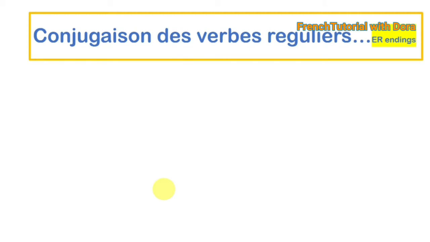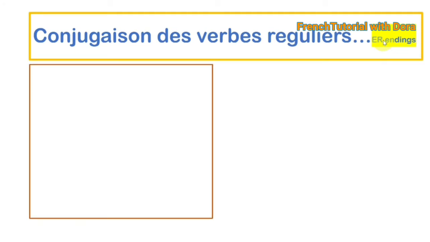The regular verbs are grouped into smaller groups, again, according to their endings in the infinitive. Some end in ER, some end in IR, some end in RE. So today we are going to look at the verbs that end in the ER. So we are going to conjugate the ER verbs today. So we've written some of them, like the verb parler.